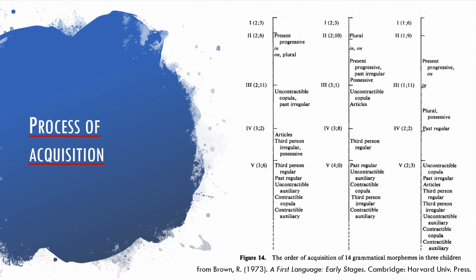For example, the present progressive and the prepositions in and on are always somewhere on the top. Third person regular somewhere in the middle, and always at the bottom is the contractible auxiliary, such as is in the sentence Mom is eating a cake. This shows that some grammatical features are easier to acquire for the child than others.